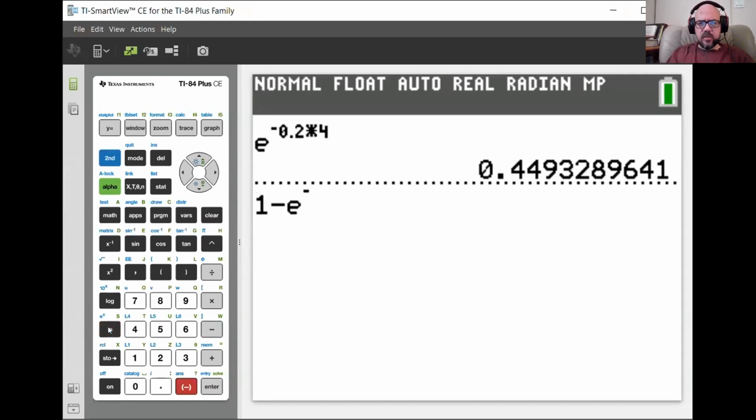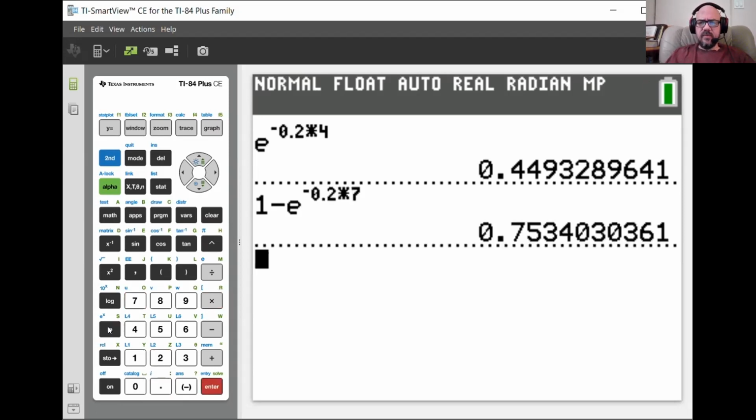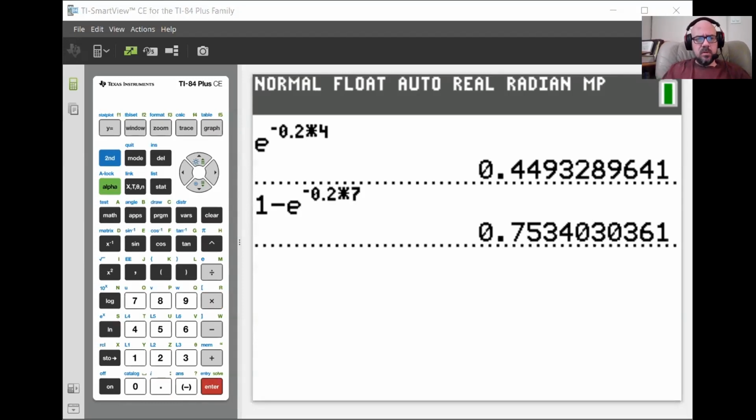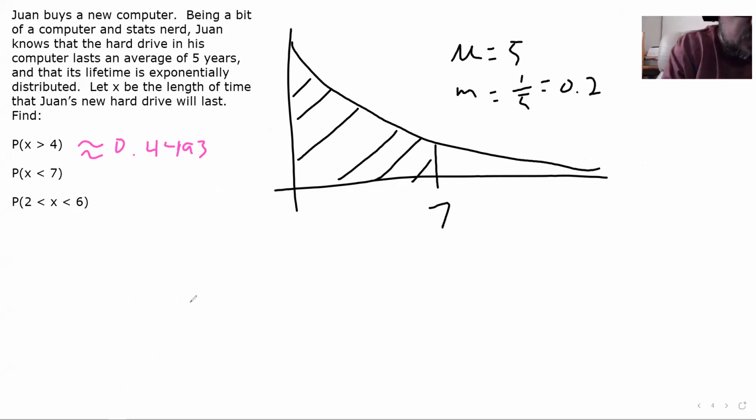E to the minus, oh, now it works. 0.2 times k, where k is 7 this time. 75.34%. Go write that down. About equal to, oh no, it's not pink. That's no good. 0.7534.